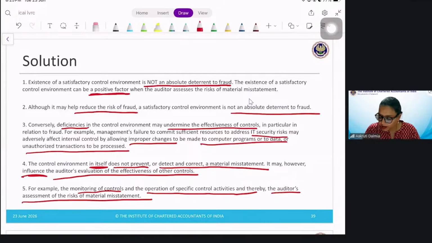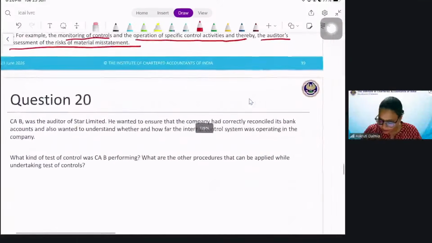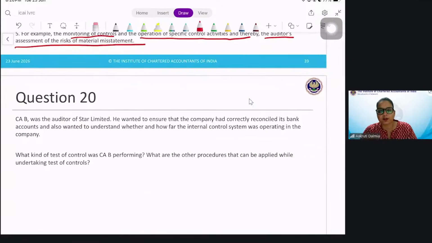So here you just have to prove that a good control environment can positively influence the internal control, but control environment in itself cannot prevent or detect and correct. Control environment just creates a good environment, and then the individual applications and the people running those applications can create a good internal control system. Next, we are doing the last question for today.